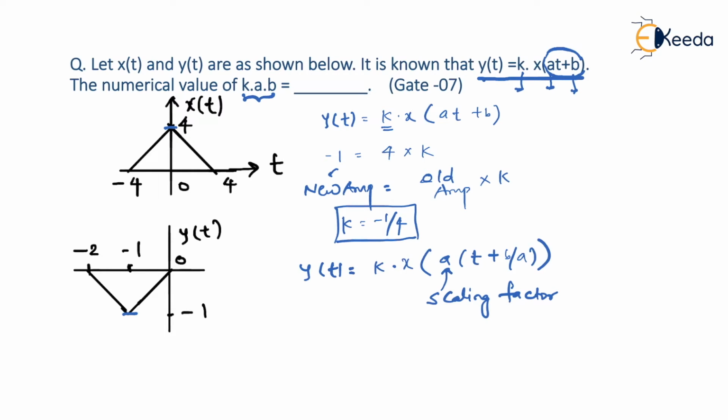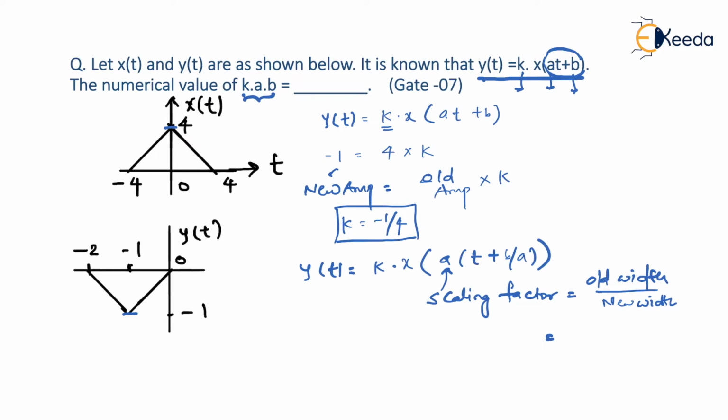And if you remember, the scaling factor by standard formula we write like this: old width upon new width. Very simple. This is what I already taught you, how to calculate a scaling factor. So let us determine the old width. Old width means the width of x of t, and once this x of t is modified, it becomes y of t.